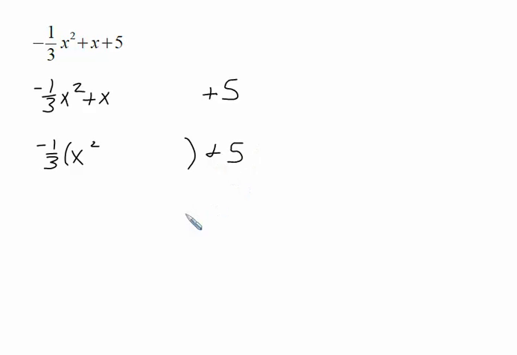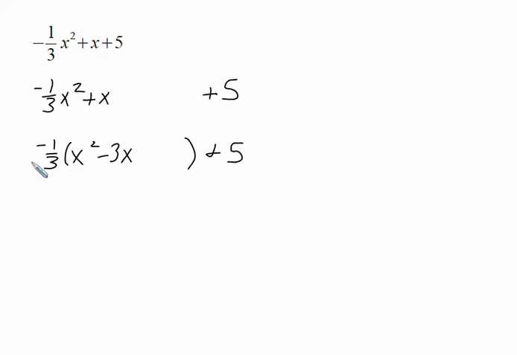Now here's the thing in this problem. When we take the 1x and we divide it by a negative 1/3, be careful what we put here. It might be easier to think about it as, what do we multiply by a negative 1/3 to get a positive 1? And that would be a negative 3x.